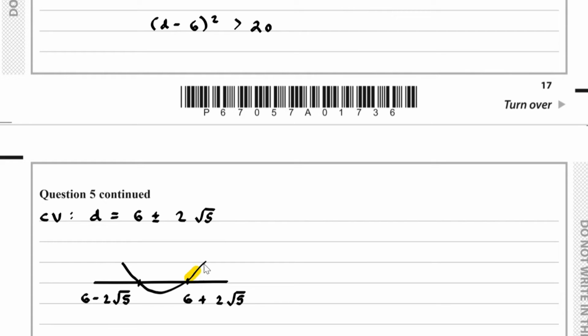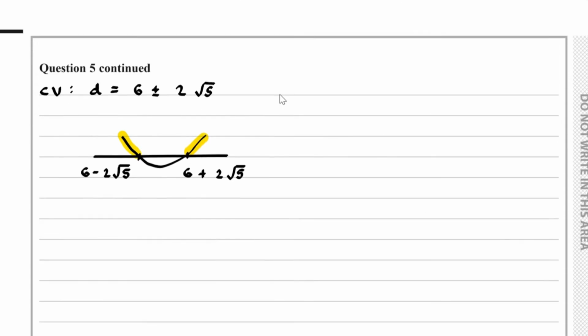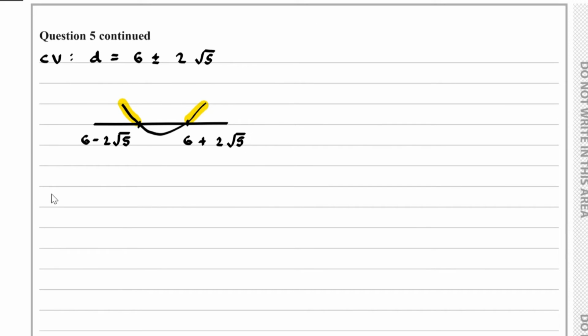We are looking for where this is positive, which is here and here, and therefore for the solutions we would have d greater than 6 plus 2 root 5, and we also have d less than 6 minus 2 root 5.